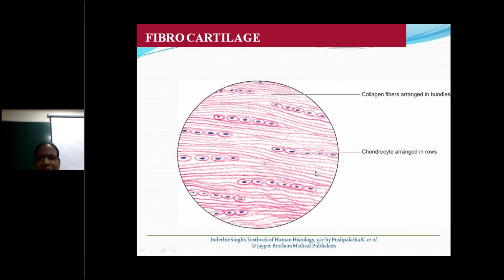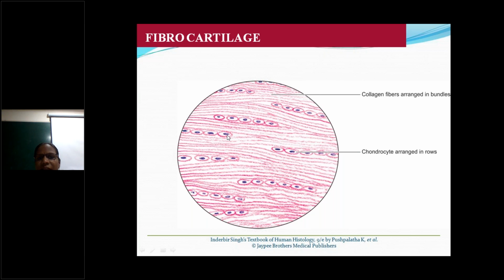These parallel-like appearances are the bundles of collagen fibers, present in a parallel direction. So the matrix, along with the chemical substance, contains bundles of collagen fibers. In between the bundles of collagen fibers, very few chondrocytes are seen.